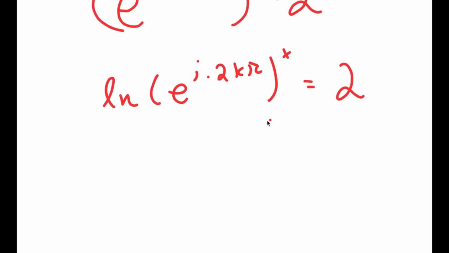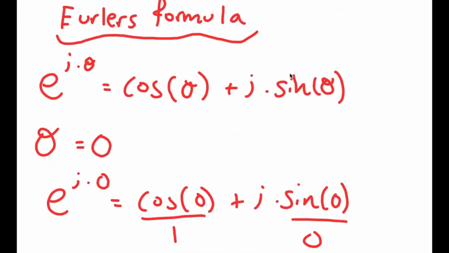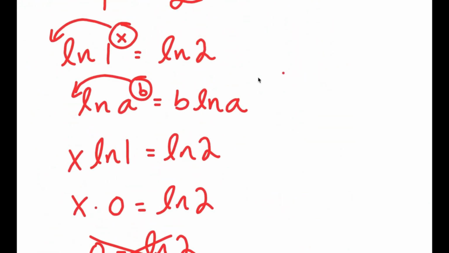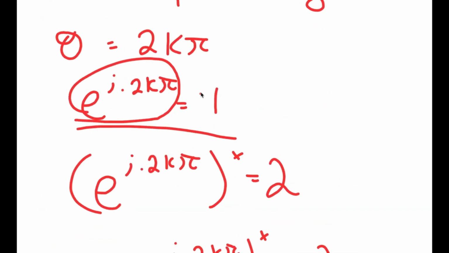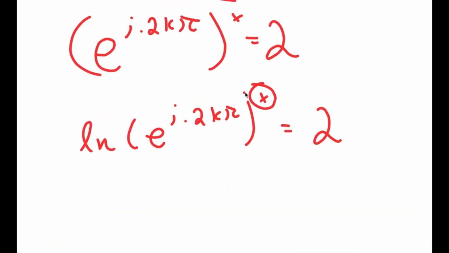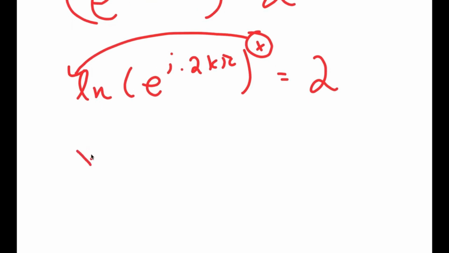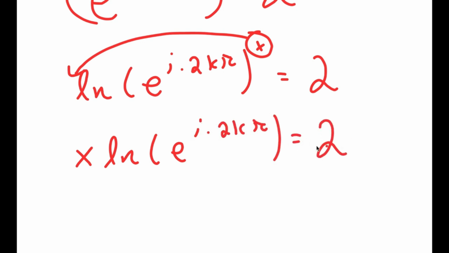Now, if I have something in the form ln a to the power of b, this is equal to b times ln a. So I can move x to the front, and this is going to equal x times ln e to the power of i times 2k pi, which is equal to ln of 2.